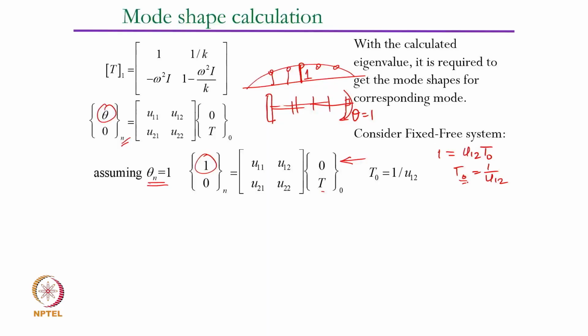Now in the fixed free condition, theta was equal to 0 and torque was not known, which was T naught, which you have now found out to be 1 by u12. That actually means that the state vector here is completely known.